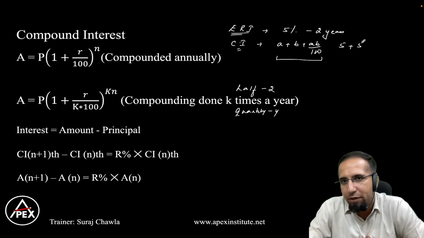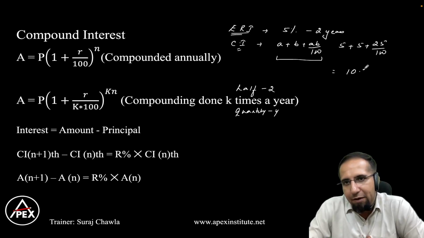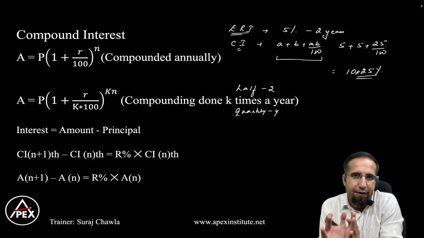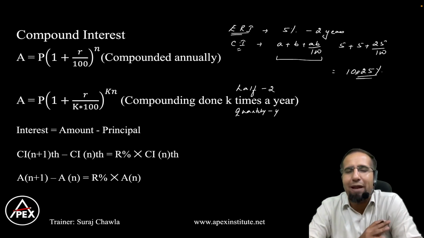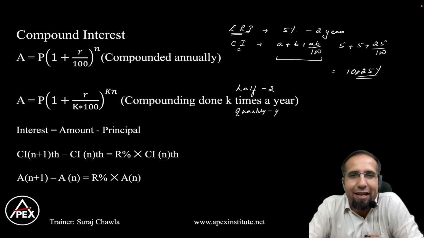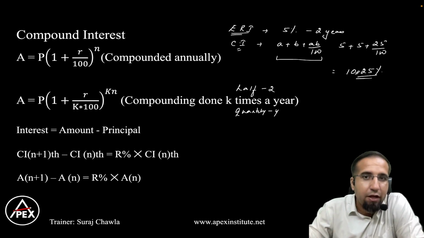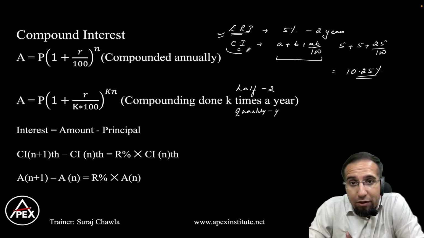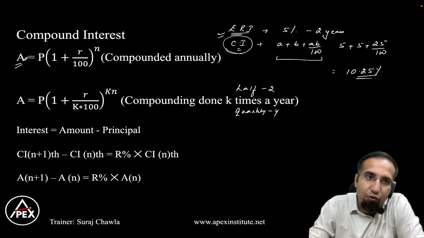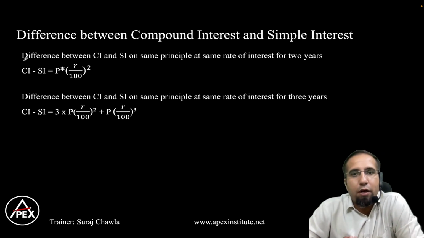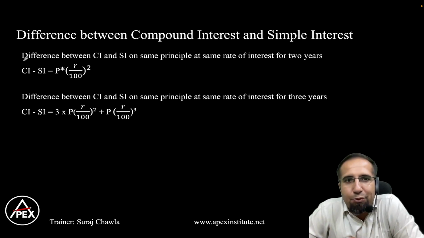So we can write 5 plus 5 plus 5 into 5, 25 by 100, which means 10.25% is the one-time effective interest that I can calculate on my principal instead of applying the amount formula and then subtracting to get my interest. So in compound interest, especially when 2 years is given, the effective rate of interest can always be calculated along these lines, because this formula gives me the formula for calculating amount. Clear?